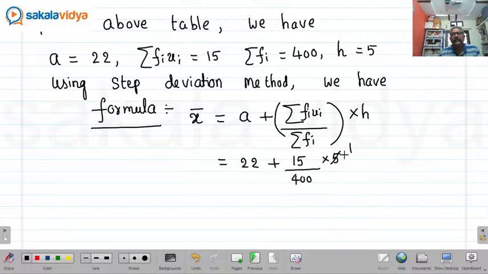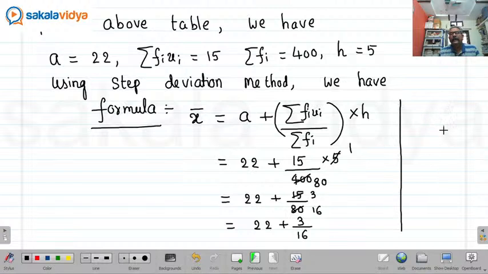So 5 ones are 5, 5 eights are 40, so 80. So now 22 plus 15 by 80. 5 threes are 15, 5 sixteens are 80. So 22 plus 3 upon 16.